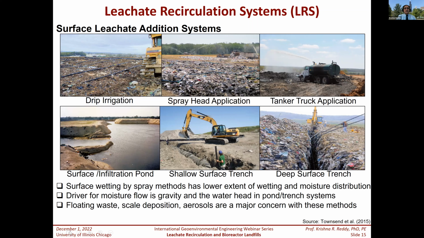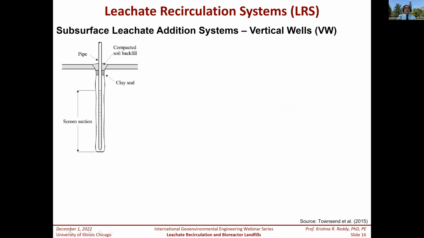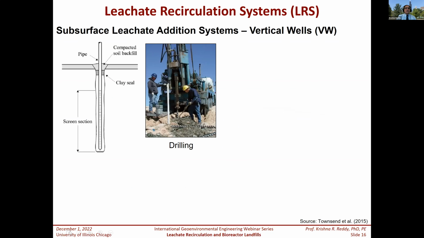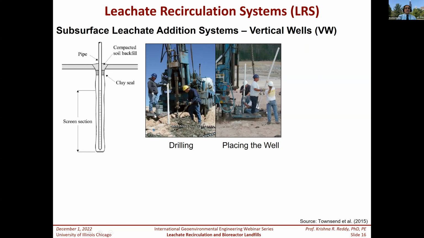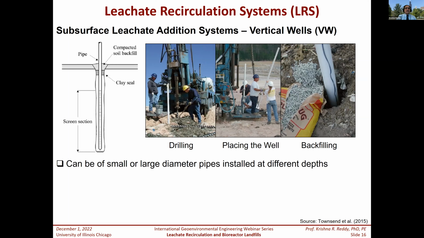Another option is putting in vertical wells. Basically, you construct them like typical piezometers or monitoring wells: drill a borehole, put in slotted pipe, place some filter media around it, and then seal the top with bentonite.